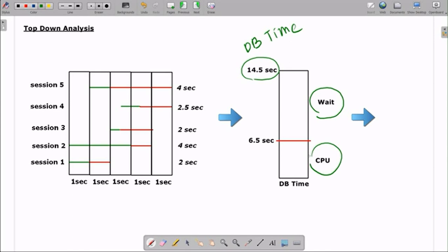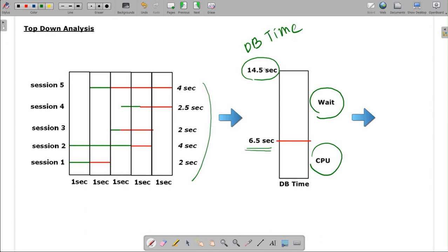Okay? So if this were the problem time period, and you should analyze this database activity, we use two tuning measurements. One is wait, and the other one is CPU. So from this example, you can analyze your database time based on this analysis. We learned that 6.5 seconds was CPU time out of 14.5 seconds.